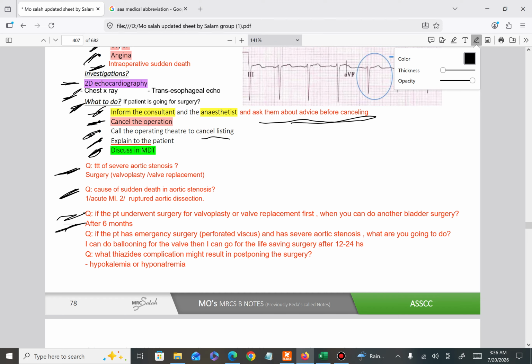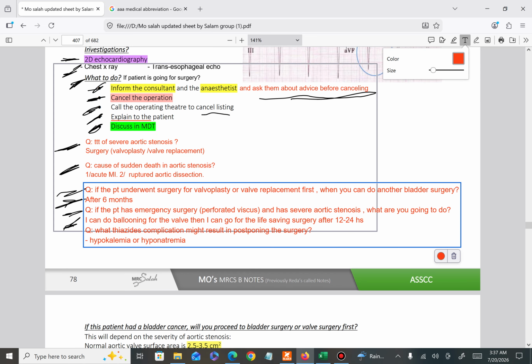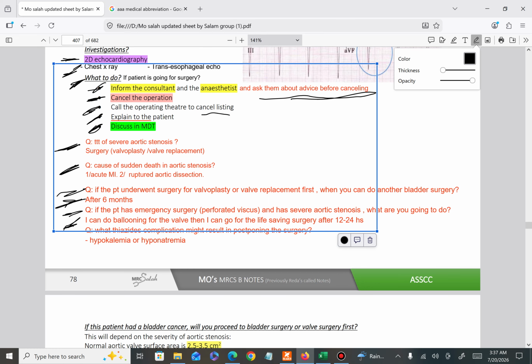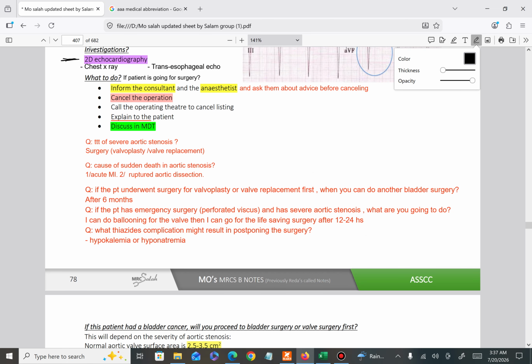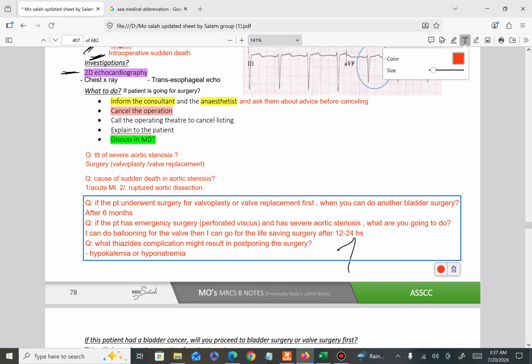After 6 months. Then the next question: if the patient has emergency surgery, for perforated viscus, and has severe aortic stenosis, what are you going to do? First we have to do ballooning of the valve, then we can go for the life-saving surgery after 12 to 24 hours.